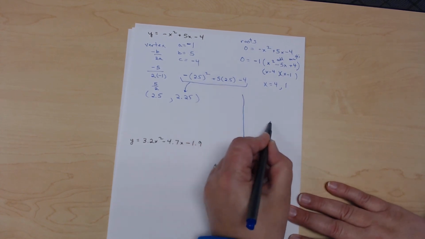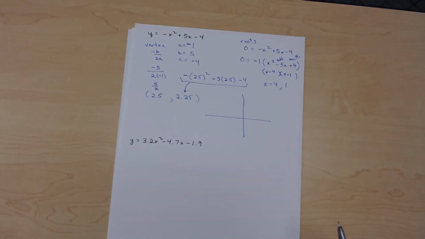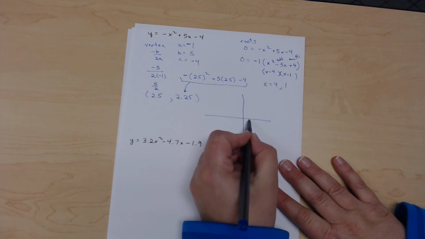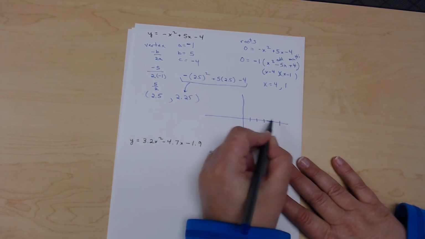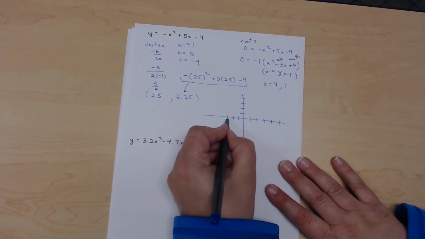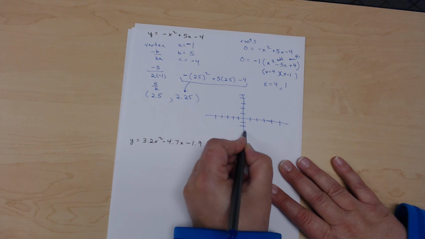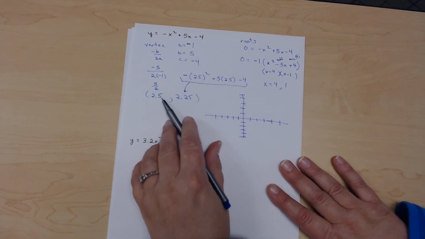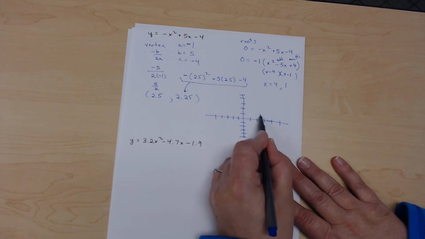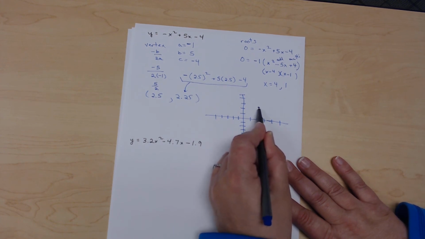Okay, so now let's graph this. Let's see if I can graph this correctly. So we are at 2.5. Let me mark this off. 1, 2, 3, 4, 5. 1, 2, 3, 4, 5. Okay, so 2.5 on the x, and then 2.25 just up there.